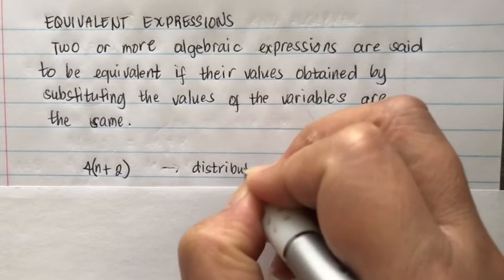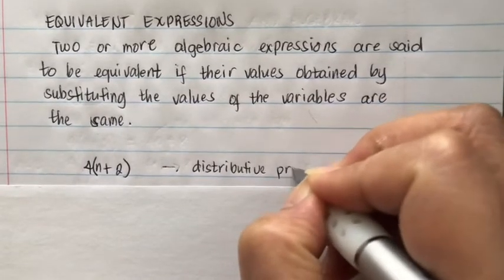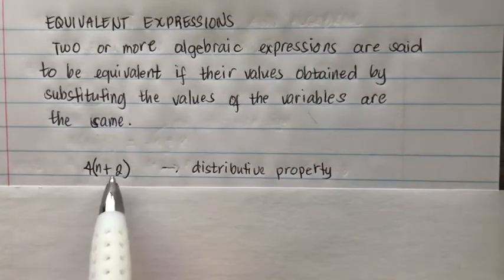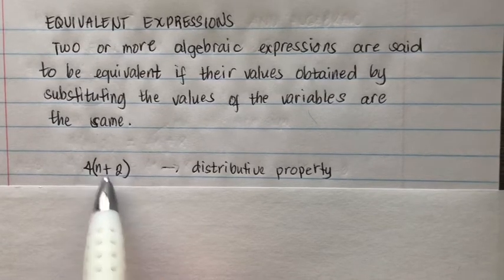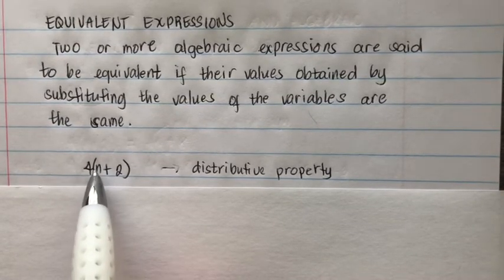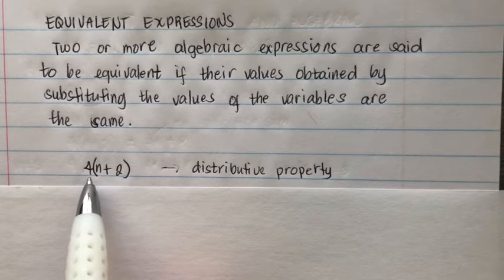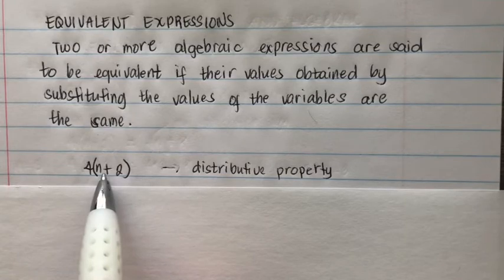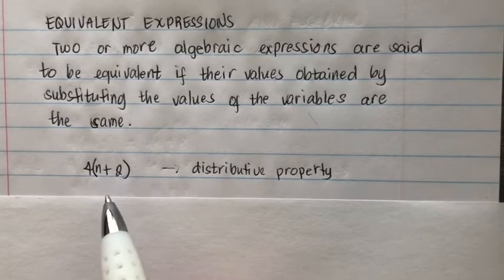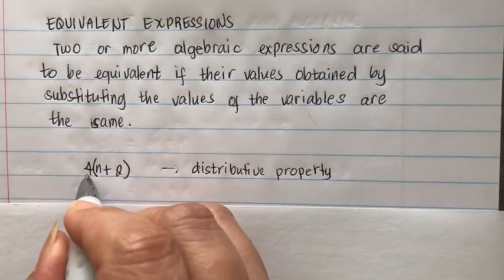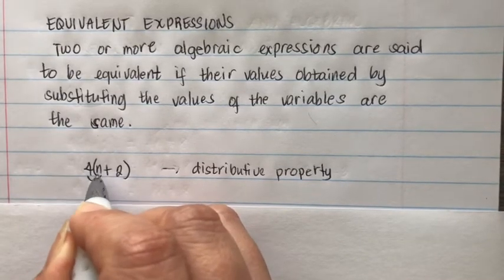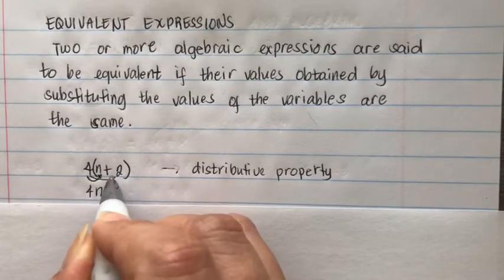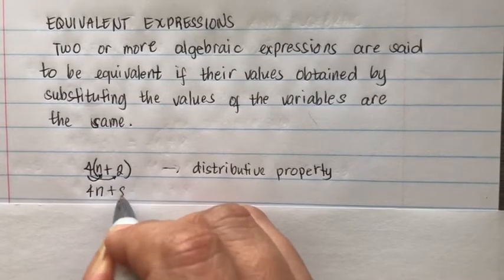Because there's a parenthesis around the quantity n plus 2, it means that there is a multiplication sign before the parenthesis. So we are going to distribute 4 to the quantity inside the parenthesis. To do that, we multiply each one. So 4 times n is 4n, and 4 times 2 is 8.